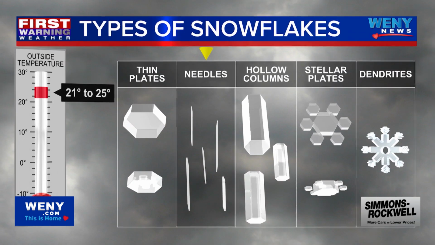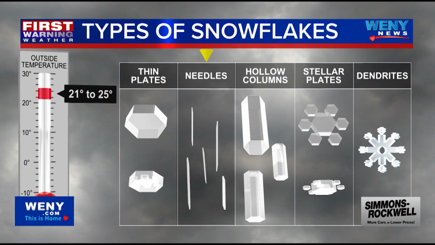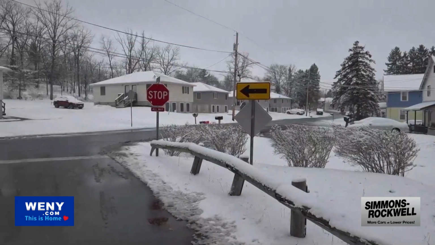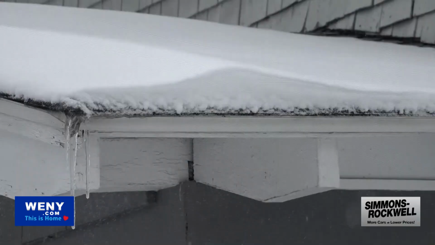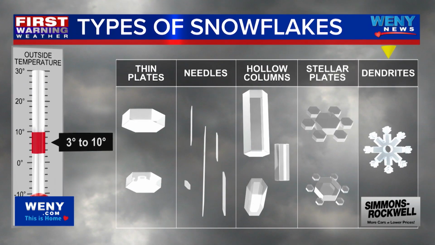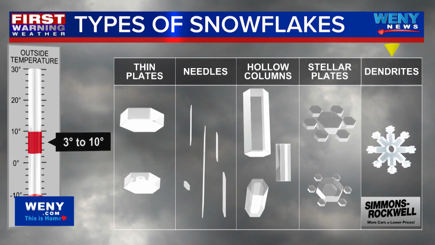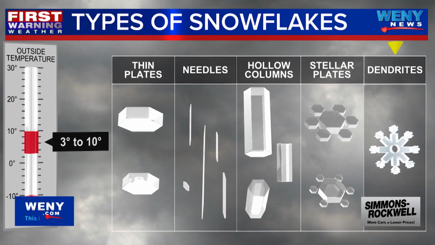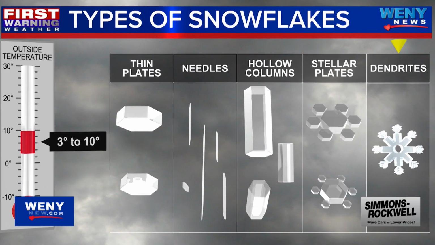Needles occur with slightly higher humidity. Some of these can occur when it's colder than -4 degrees Fahrenheit. However, this is rare. The fanciest, most complex dendrites need temperatures around 5 degrees with very high humidity. These conditions allow the main branches and side branches to grow the best.